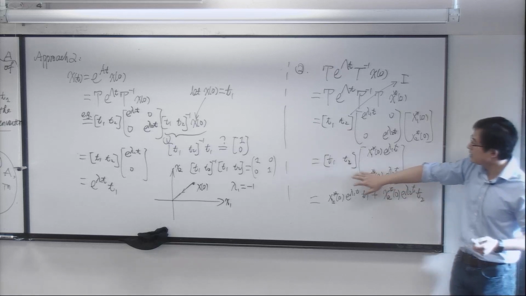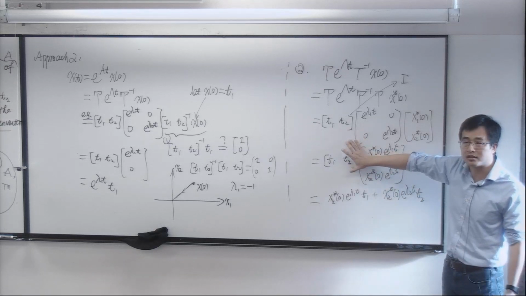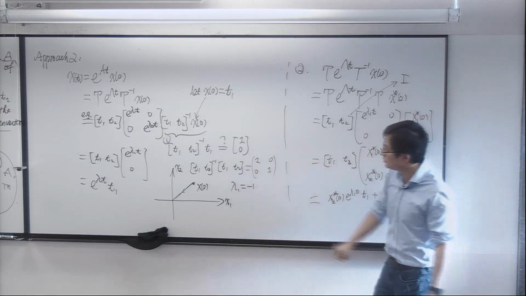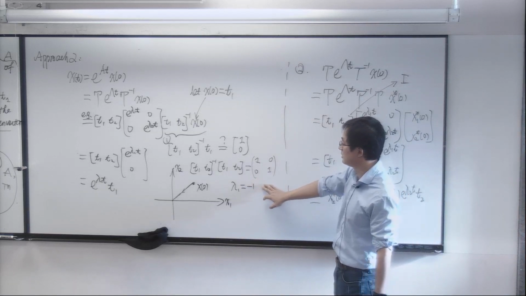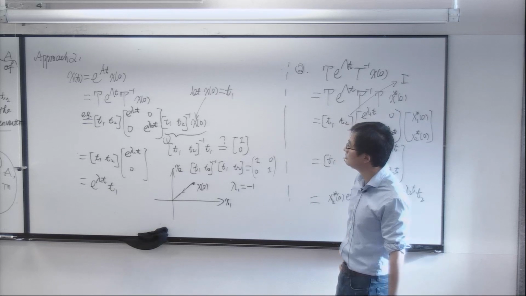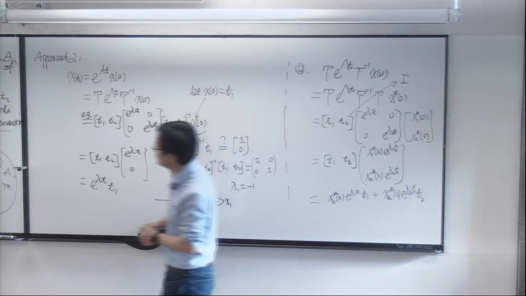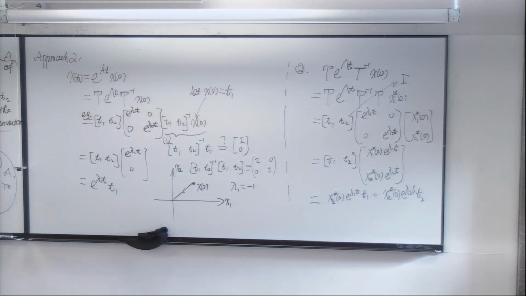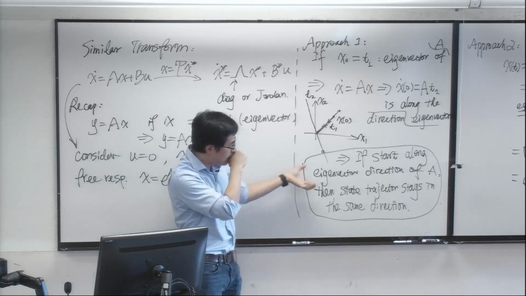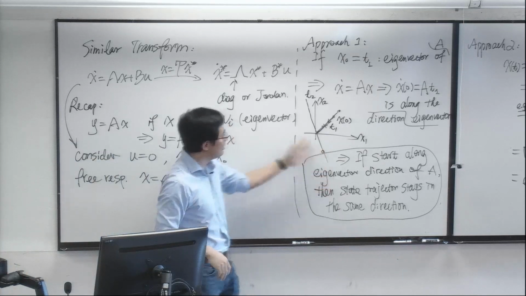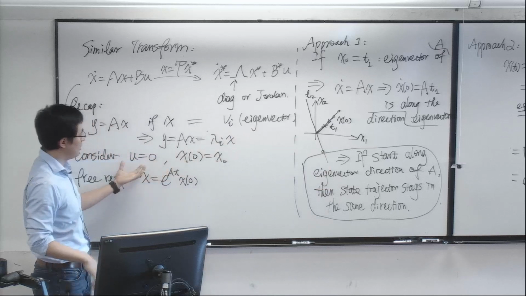In the notes, I talked a little bit more about this. This one is equally helpful, I think. All right, so this is the meaning of the eigenvector in the system approach.